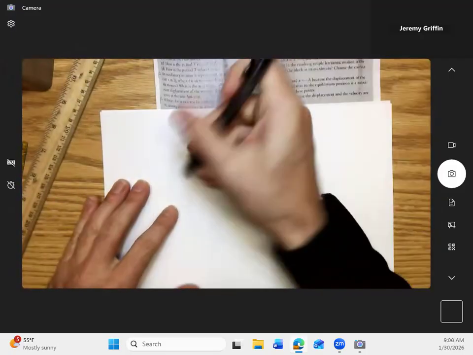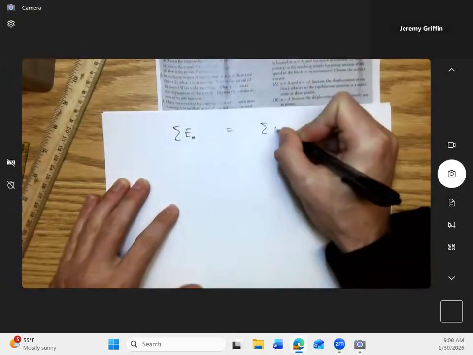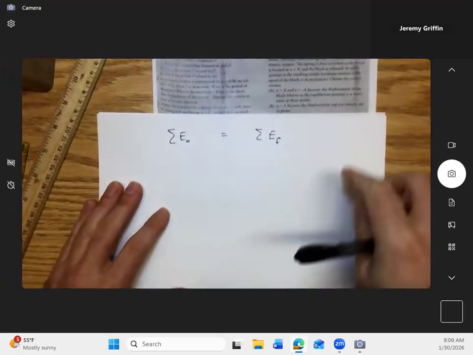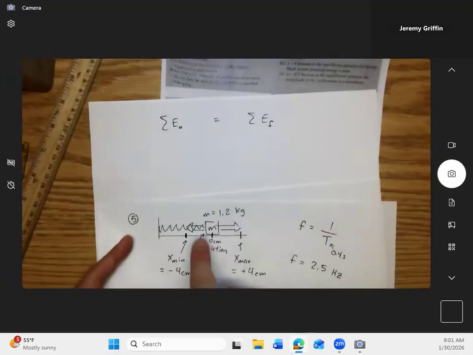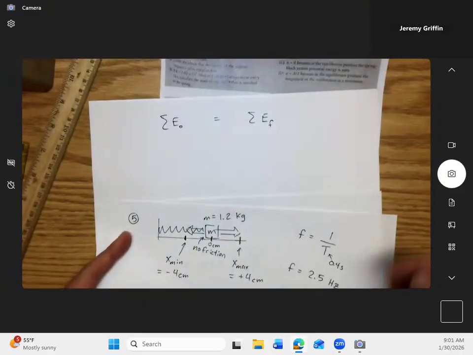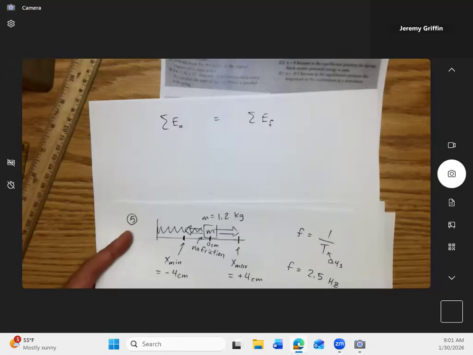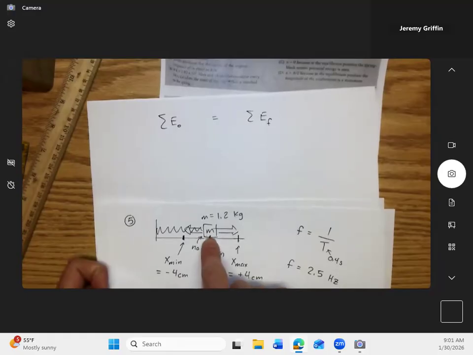So, guys, let's set up the sum of energy initial equals the sum of energy final. Here's a little diagram of what's going on. What kind of energy allows you to solve for maximum speed? Yeah, kinetic. When this block is going through the equilibrium point, is there any energy stored in the spring at all?